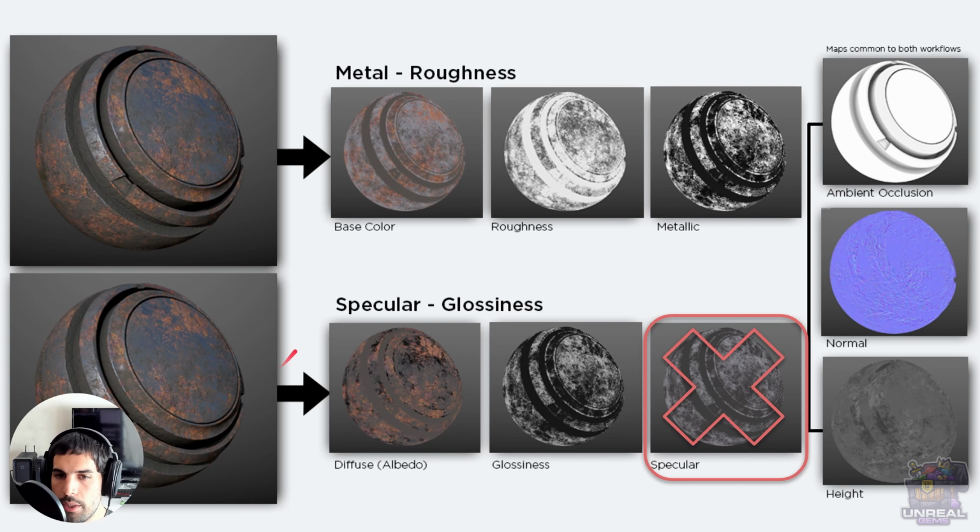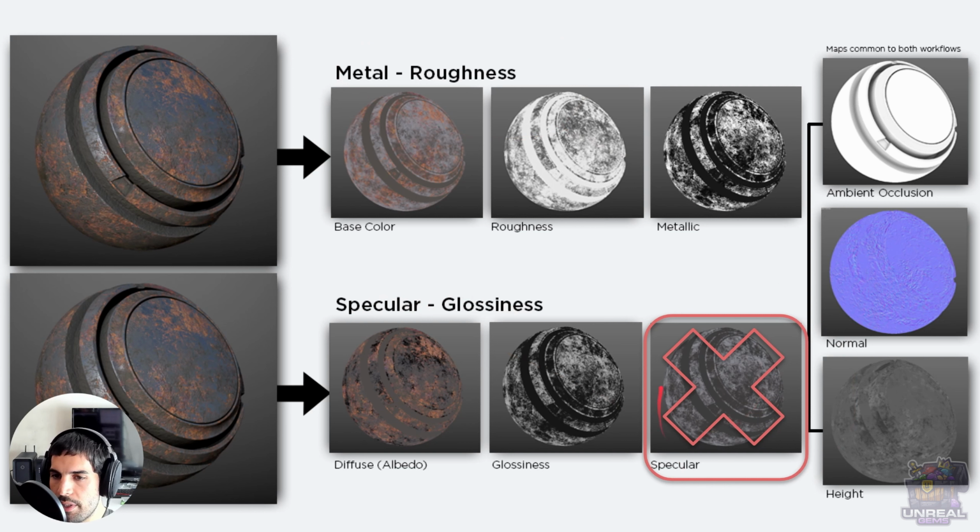Okay, so we are beginning this video with a special case, which is the specular pin in the Unreal Engine shading model. One may think that that specular pin is prepared to input a specular map from the Specular-Glossiness PBR workflow. But remember, in our case, we are working with metal roughness.